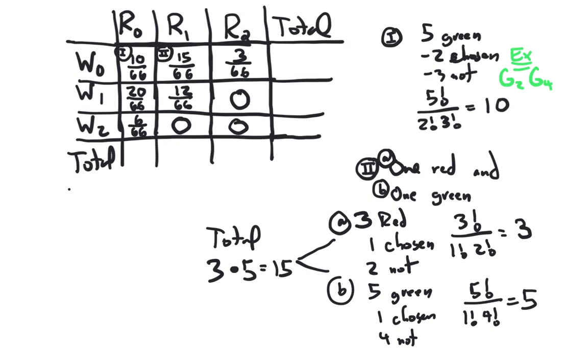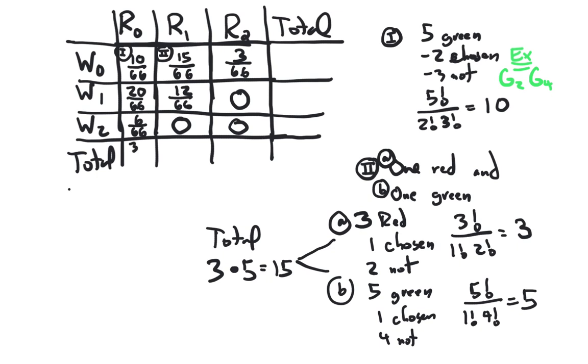And let's fill in our total columns here, and then we can start doing some probability calculations. So the probability for drawing exactly 0 reds, irrespective of how many whites you draw, well, what's that going to be? We just need to add these together. So we're going to get 10 plus 20 is 30, plus 6 is 36.